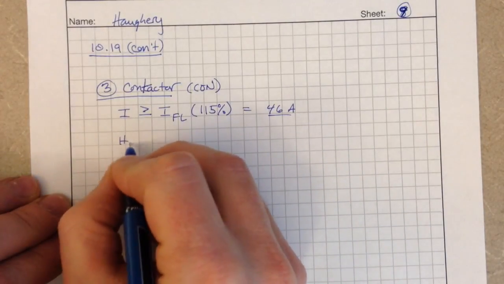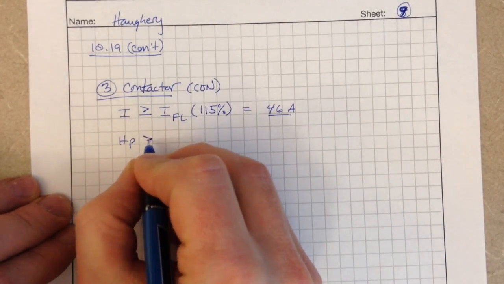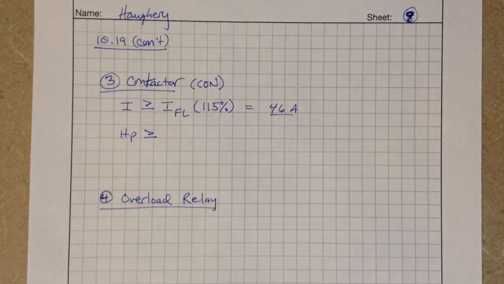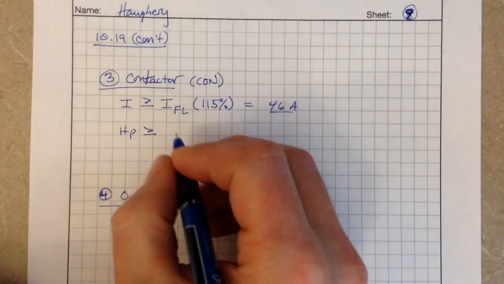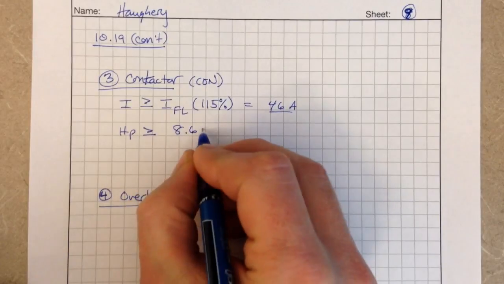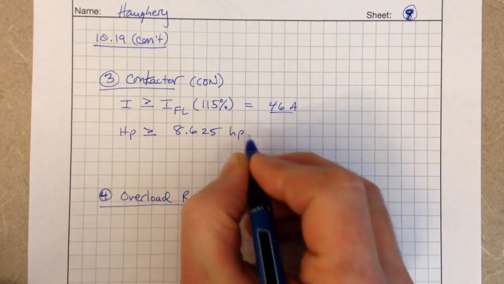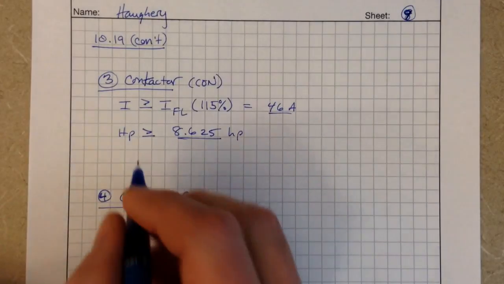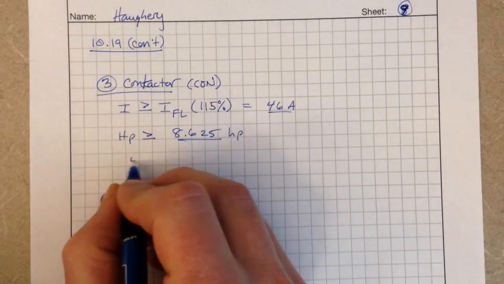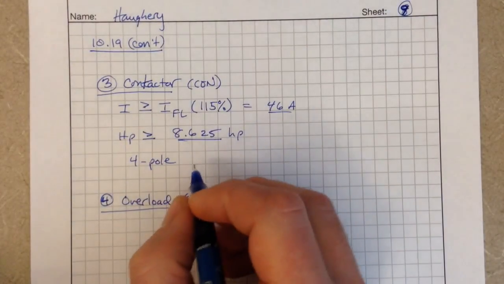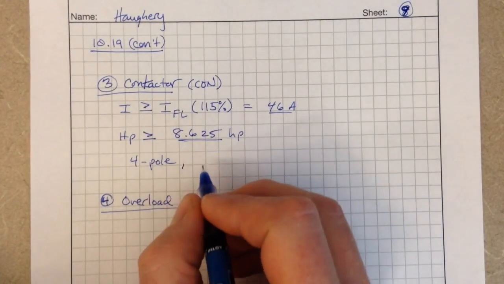Our horsepower rating, again, needs to be greater than or equal to our motor horsepower times our service factor. We looked at this previously as our 8.625 horsepower. When you get contactors, they'll come in a 4-pole flavor, so they can be used for 3-phase if you need to, plus the fourth one is just an auxiliary.